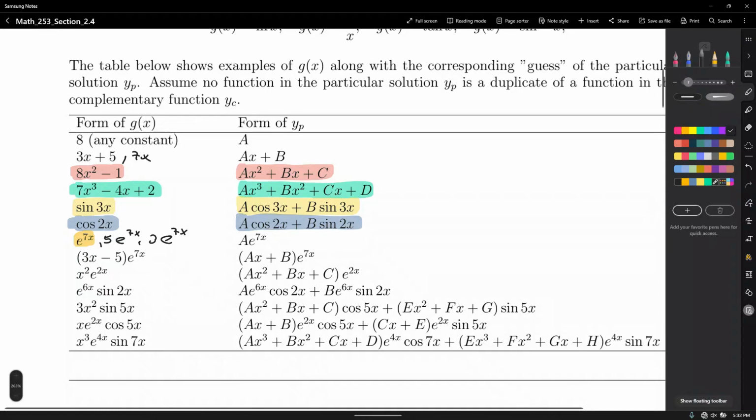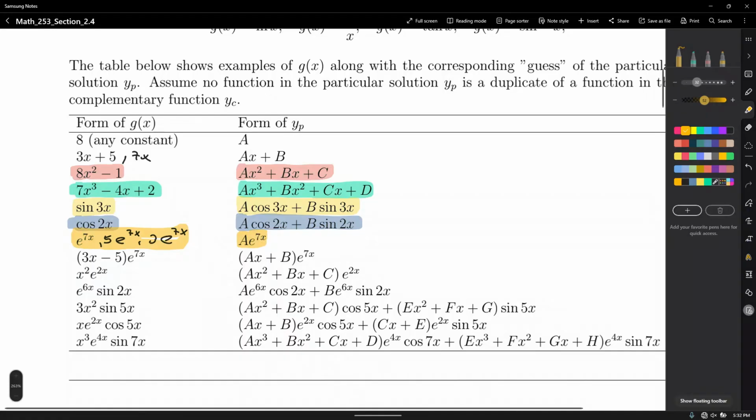So what I'm trying to say here is, what do we have multiplying with the e to the x? Isn't that a polynomial of 0 degree, which in this case is a constant? Well, so this will correspond to a constant here. So a constant times the exponential.